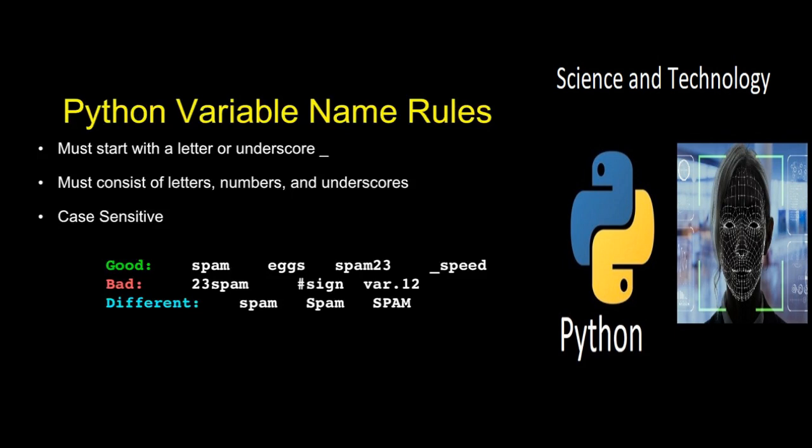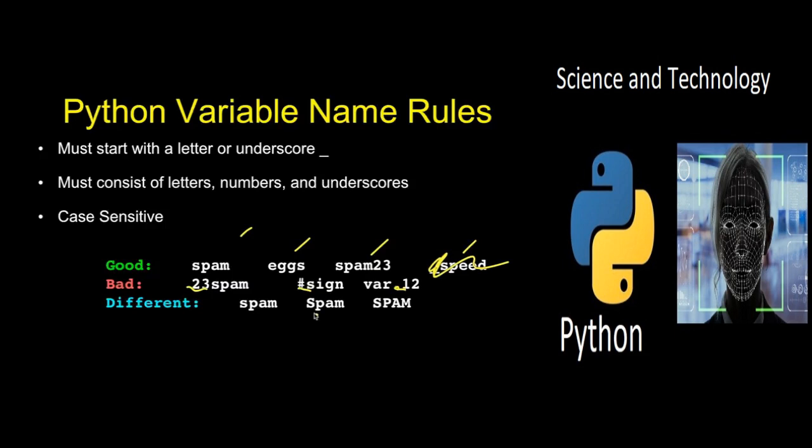You can have letters and numbers and underscores after the first character, and they're case sensitive, but it's really a bad idea to use case as the only differentiator. So in this case, spam, eggs, spam23, and _speed are all totally legit. We would probably not use the underscore one unless Python told us to use that variable. 23spam starts with a number, #sign starts with a pound sign, and a dot is not a legitimate variable character.